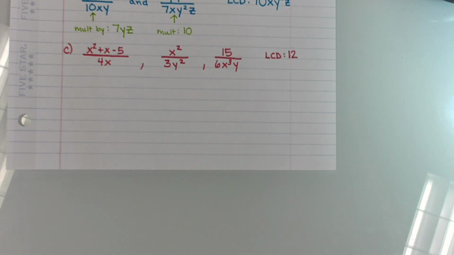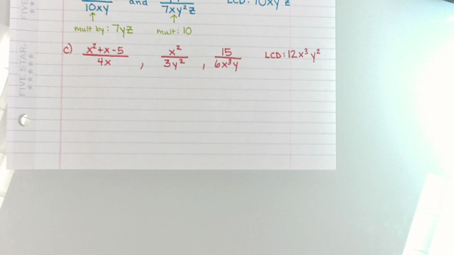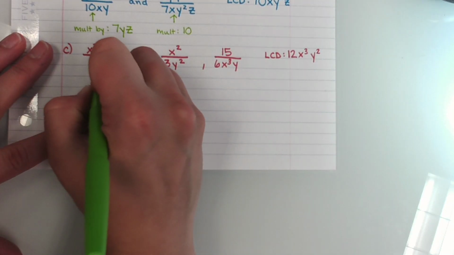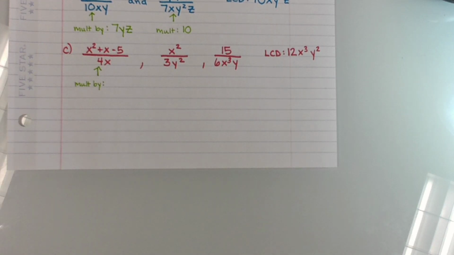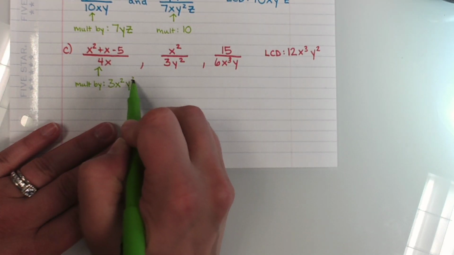What do I need for variables? X to the third and y to the second. What would you multiply the first one by? 3x squared y squared.